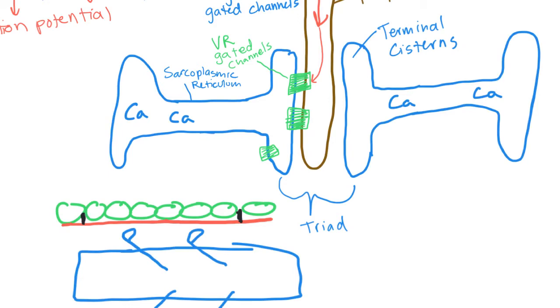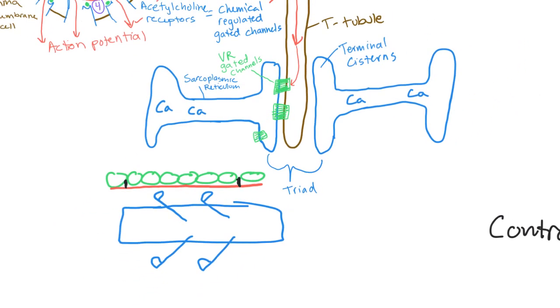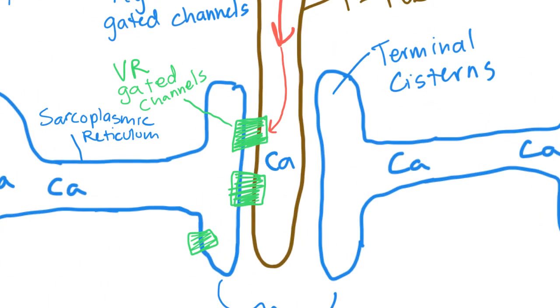So what happens when these channels open is calcium from the terminal cisterns and from the T-tubule go into the cell.